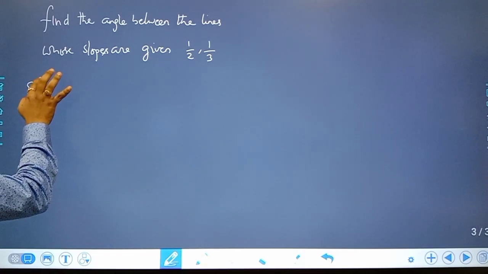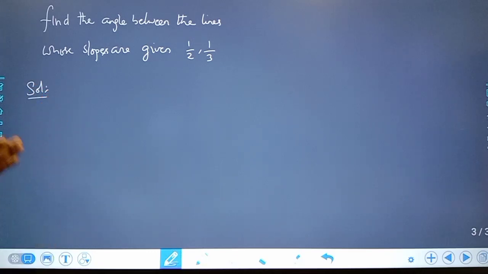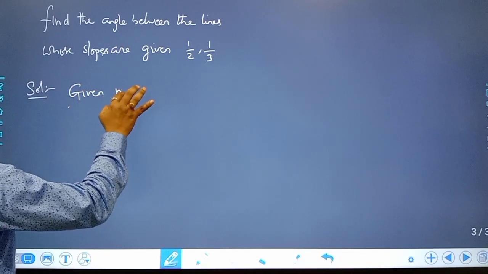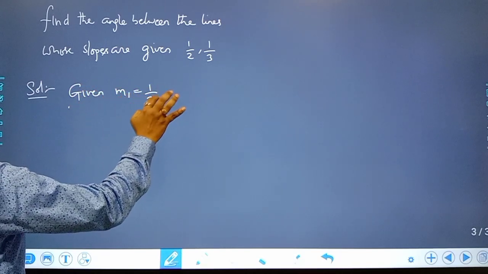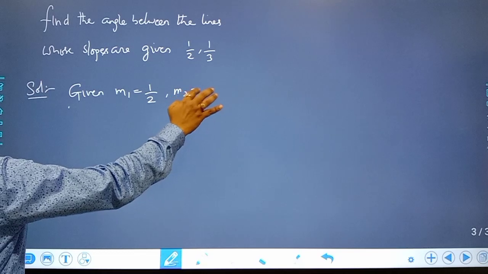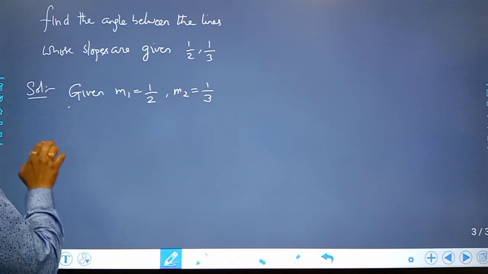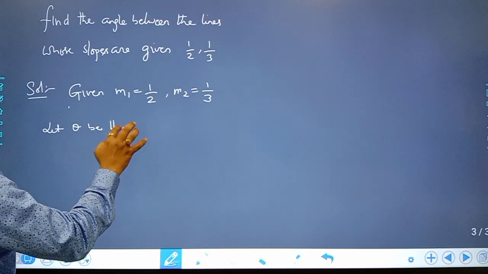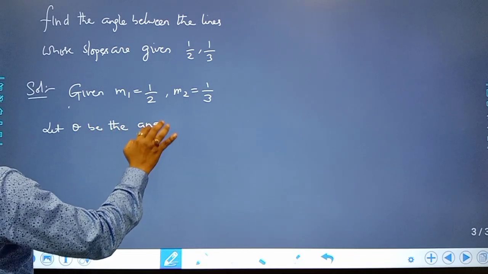Solution: given M1 is equal to 1/2 and M2 is equal to 1/3. Let theta be the angle between them.